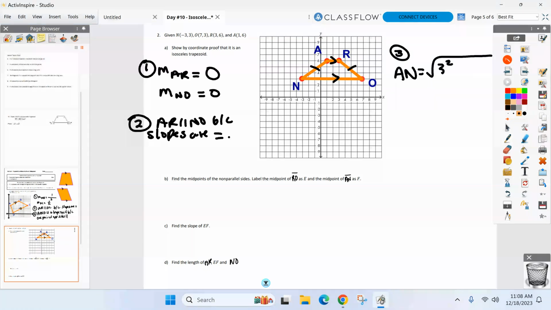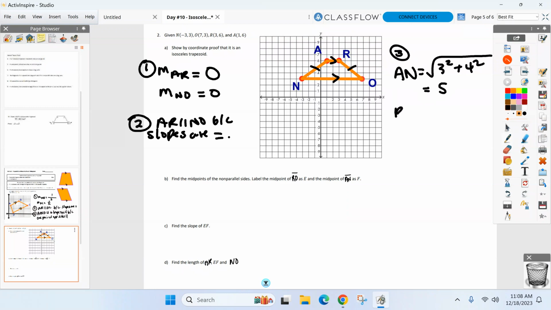So it's going to be 3 squared and 4 squared. That's what you would get if you subtracted in your parentheses. Make sure you add everything first or just plug it in your calculator because it'll do a lot of work for you. And then you end up with 5.